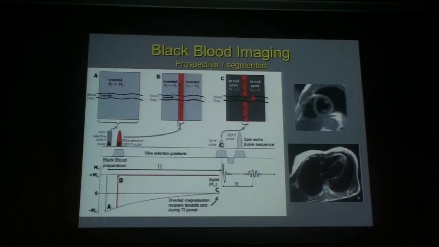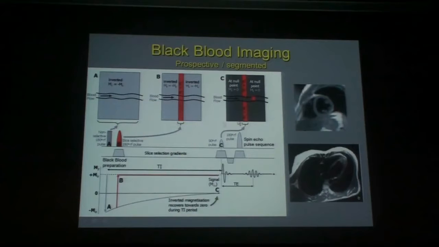along the z-axis. You're going to wait a certain amount of time until your body has moved back to 0 to then acquire a very basic gradient echo sequence or spin echo sequence. And why is it interesting?